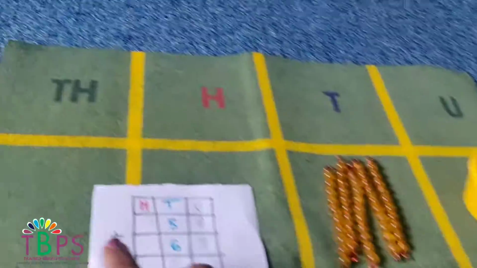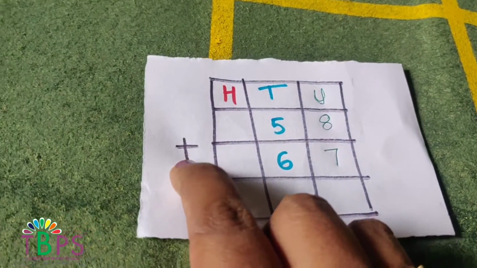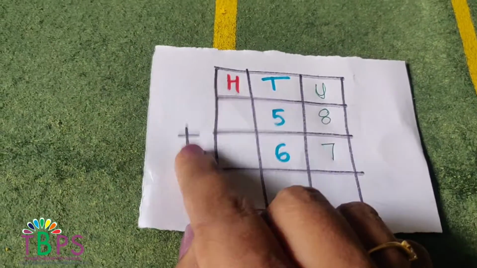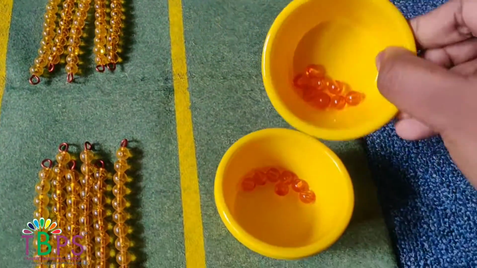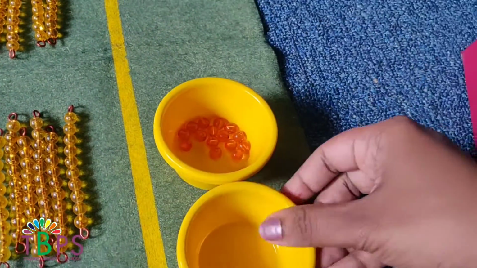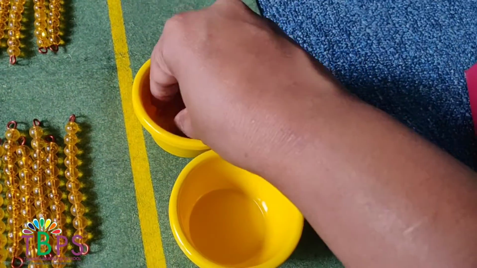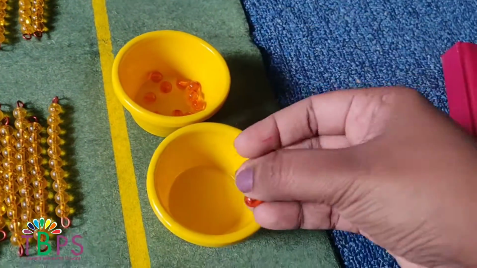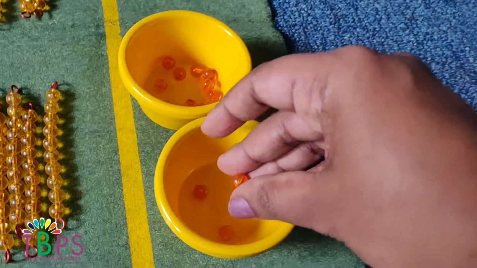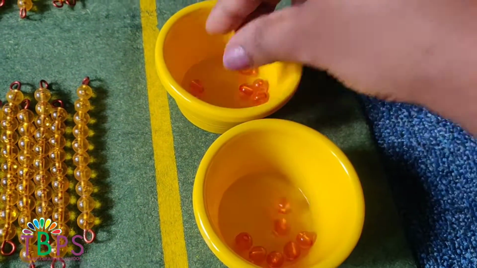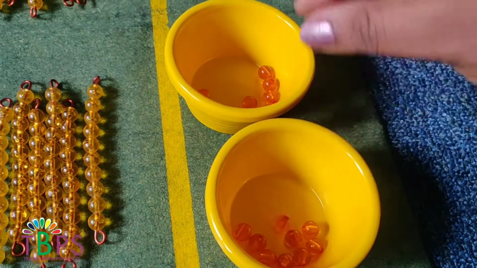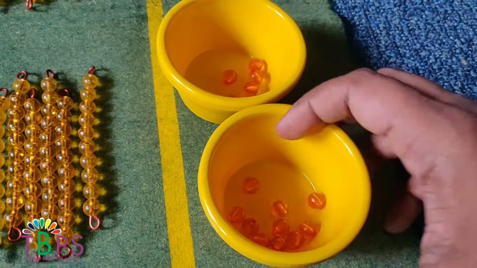Now look at the operation. Since it is plus, we're going to be adding the numbers. So let's add. Always remember, the moment you get 10, you have to replace it. 1, 2, 3, 4, 5, 6, 7, 8, 9, 10.